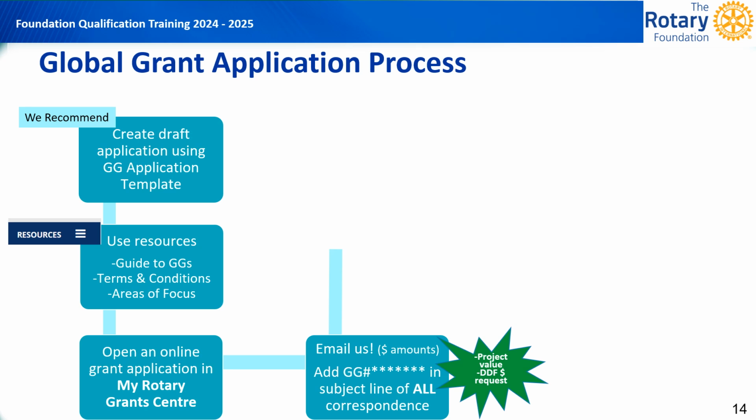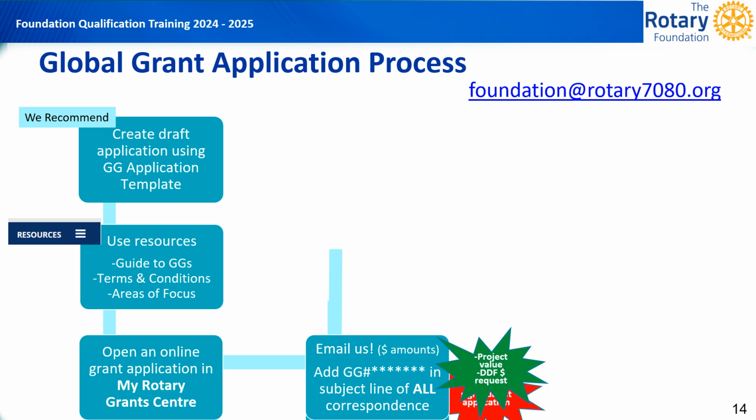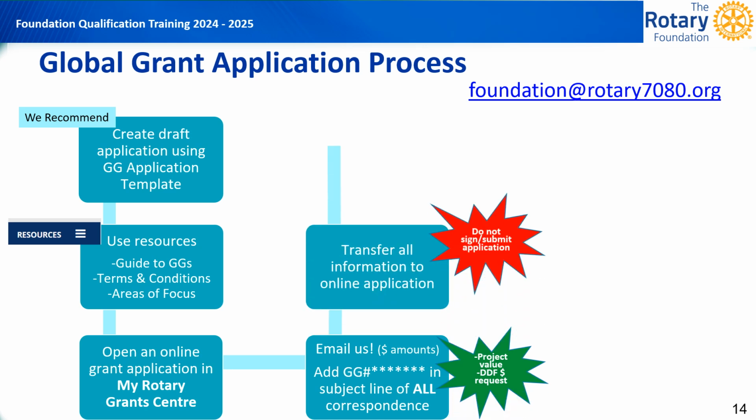It's important that you send us an email with the grant number in the subject line, letting us know the project value and the amount of the District 7080 DDF that you'll be requesting. This information helps us to better manage our available grant funding. Send the email to the address shown on the screen, foundation@rotary7080.org.